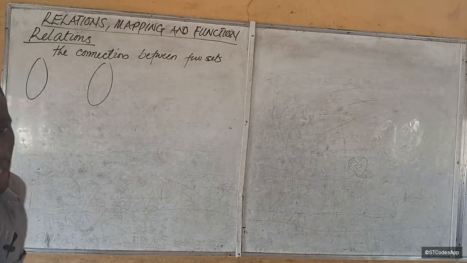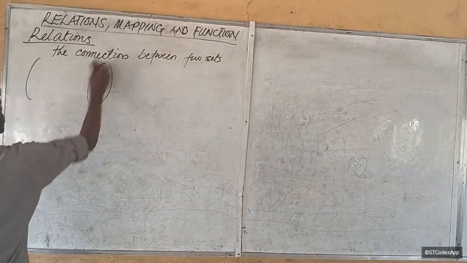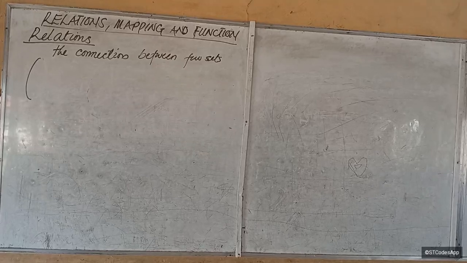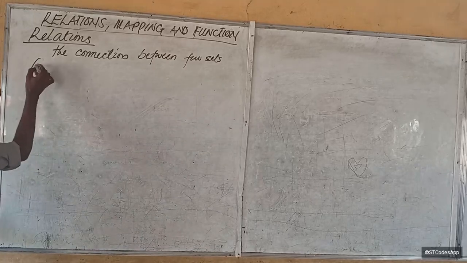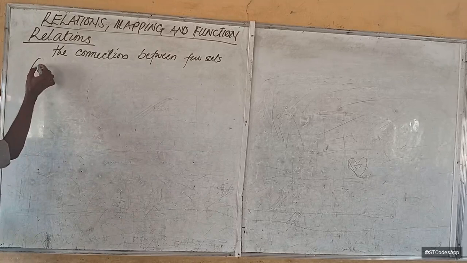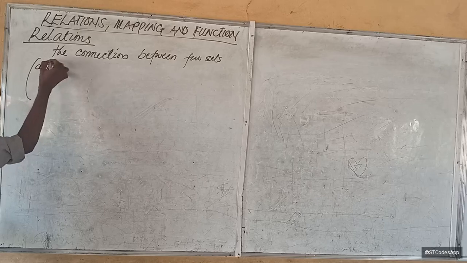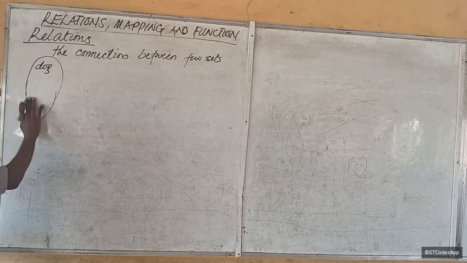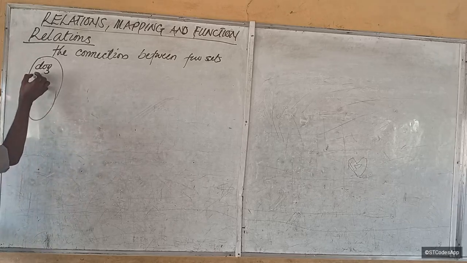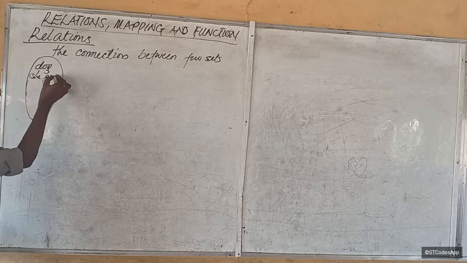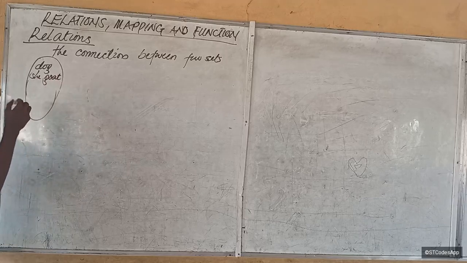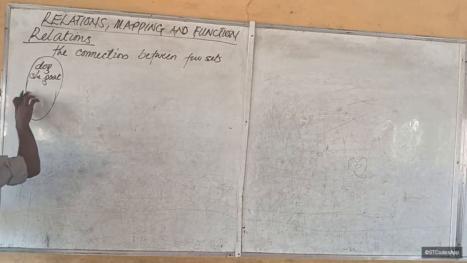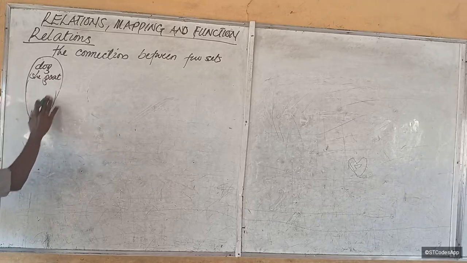set of maybe animals, and I say something like, let's say I have a dog here, and I have a she goat here, and I have a what again?